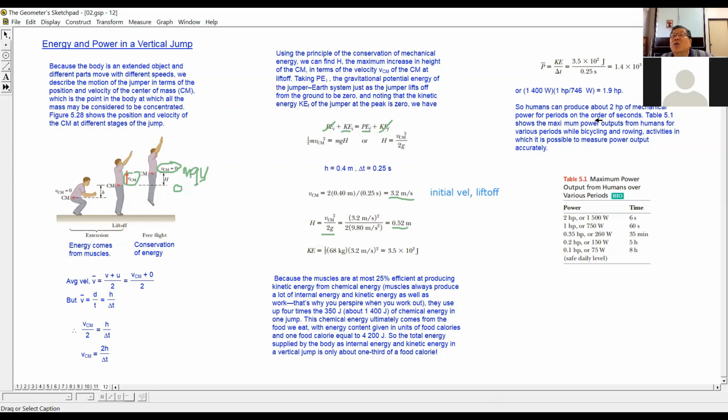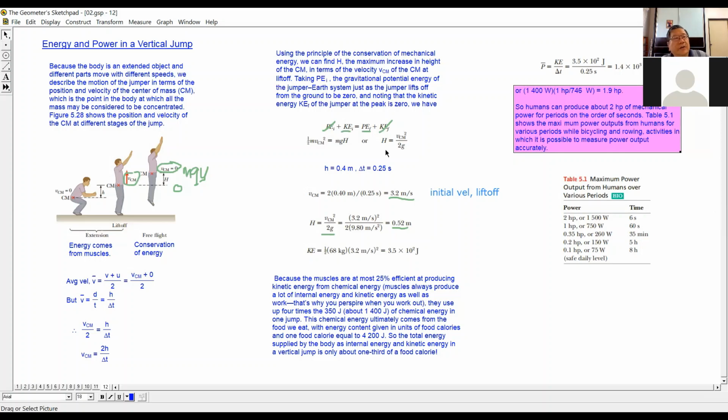Okay. Now, to know more about the human body, you can read this part. Humans can produce about 2 HP of mechanical power for periods on the order of seconds. Table 5.1 shows the maximum power output from humans for various periods while bicycling and rowing, activities in which it is possible to measure power output accurately.